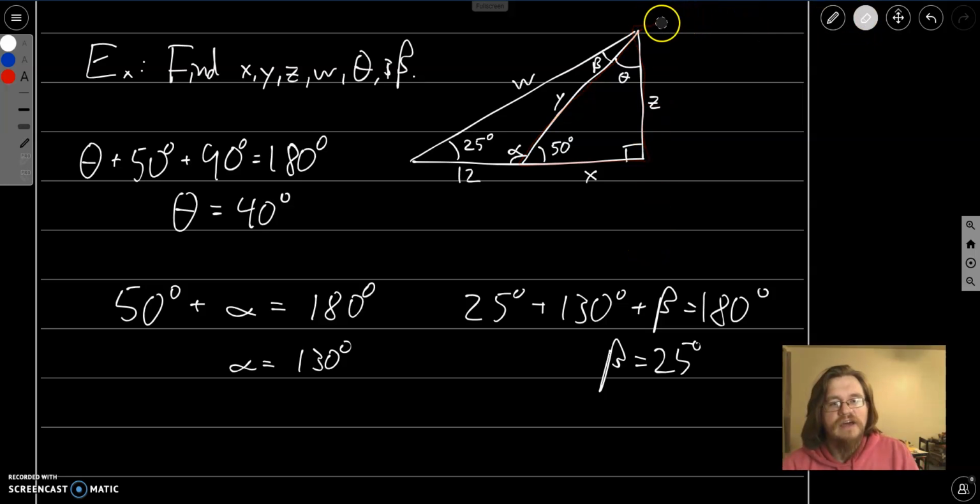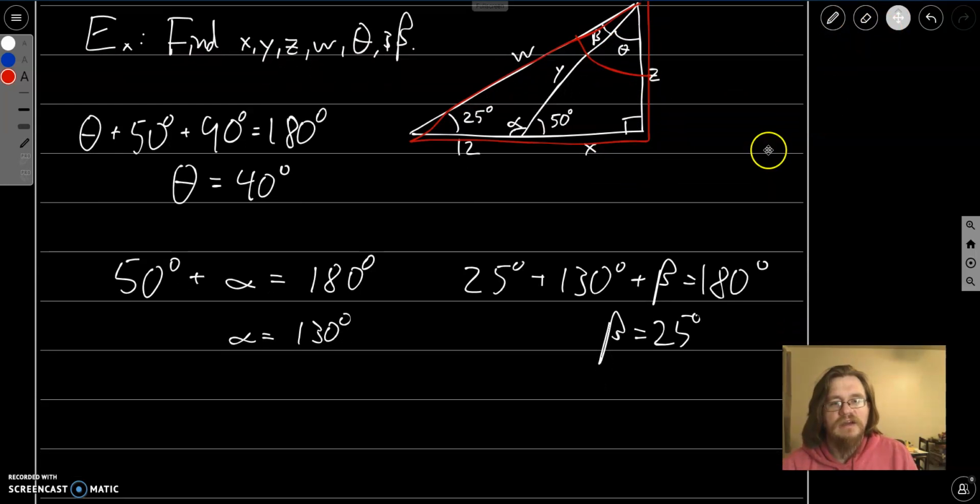Rather than using this triangle, I can look at this big outside triangle up here. When I look at this triangle, again, I have three corners. I have 25, the 90-degree angle, and this big angle up here. But this big angle is just beta plus theta, right? It's being divided up into beta plus theta.